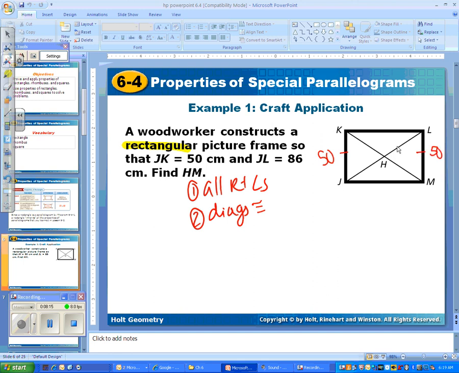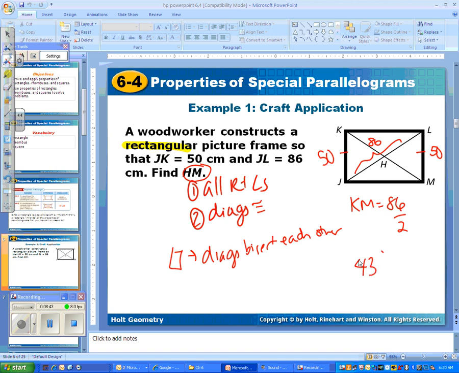And I tell you JL, this whole diagonal, is 86. So that means that KM, the other diagonal, would also have to be 86. They want you to find HM. HM is only part of the diagonal, and remember for parallelograms, the diagonals bisect each other. So all you have to do is cut 86 in half, and your answer will be 43.